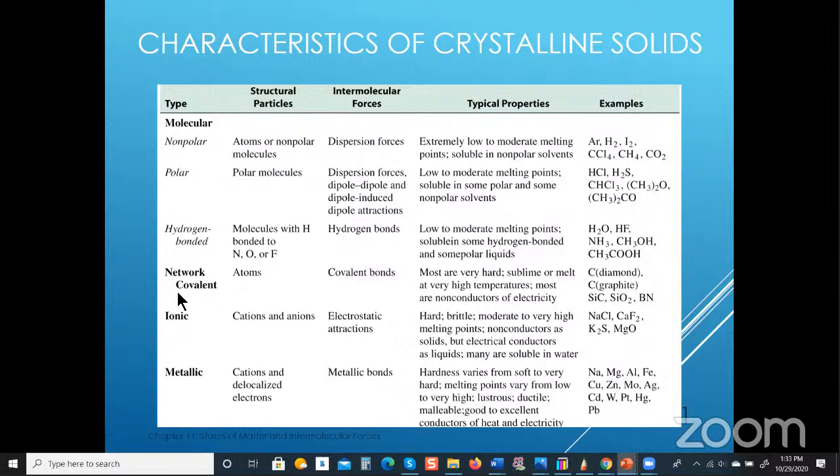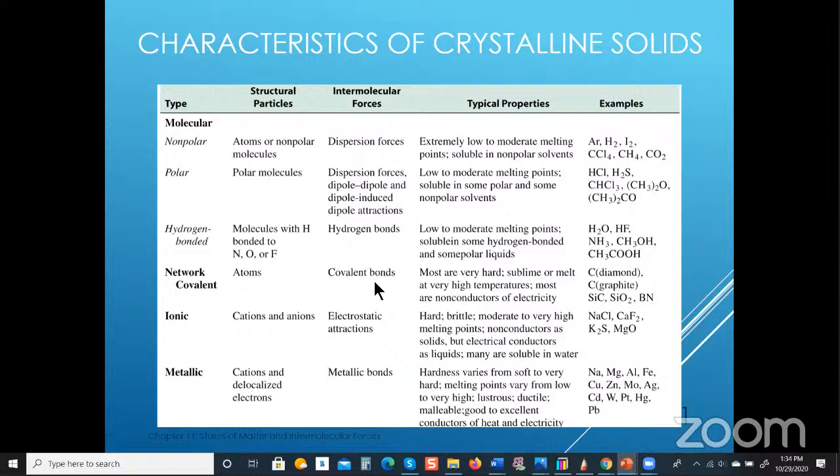Okay, so the next category of compounds or elements would be network covalent compounds. Now, I don't think we've ever discussed these types of compounds before, but basically, simply put, these are substances where if you look at their atoms and the structure, you see that the atoms are connected to each other by covalent bonds.